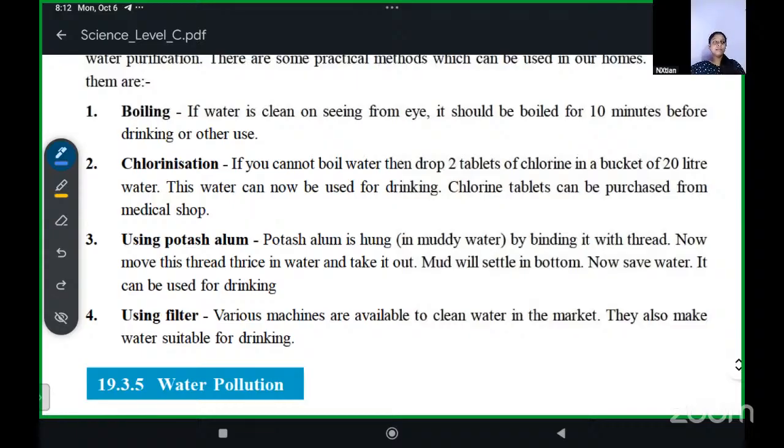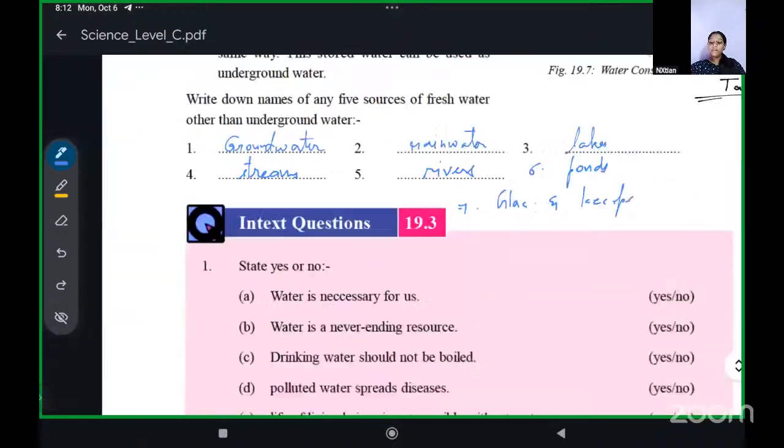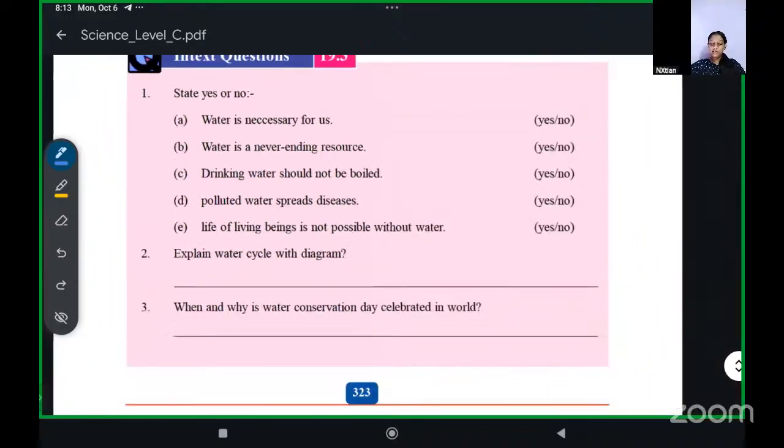I have also seen a bottle with very good filters inside that purifies any water you put in it completely. So filtering the water before drinking from these sources is important.